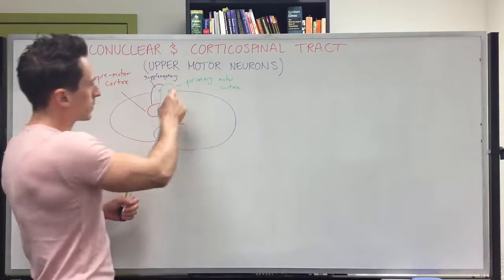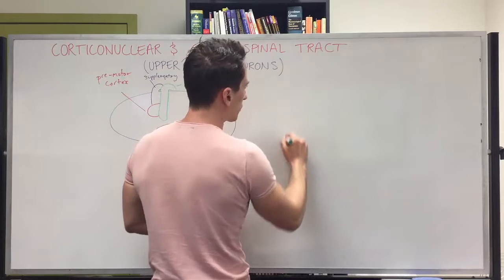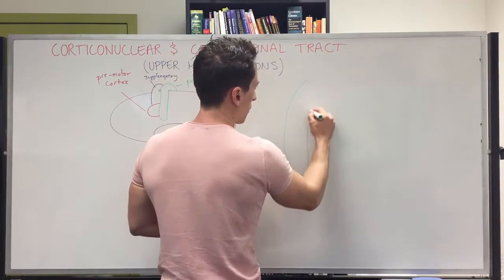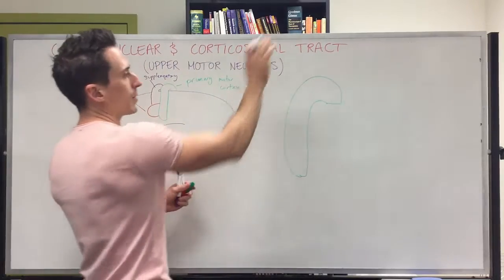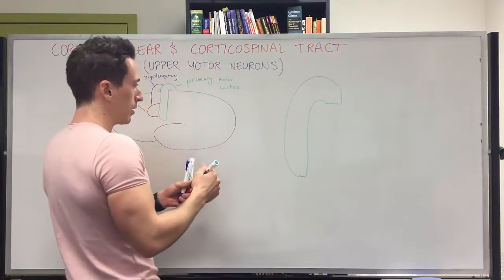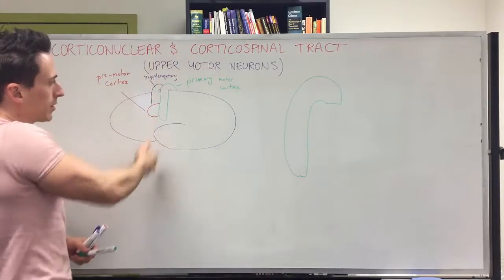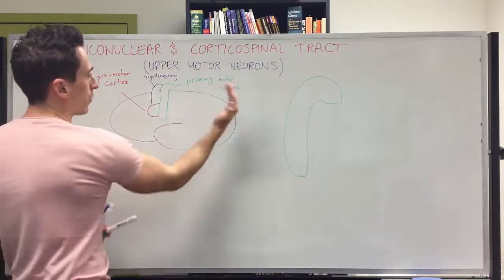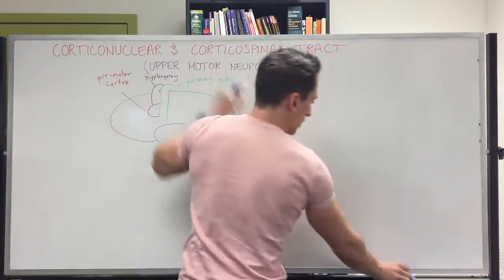So if I were to take that primary motor cortex out and draw it here, remember that it's going across to the other side. It might be easier if I were to cut straight down the middle like this and view it from behind.